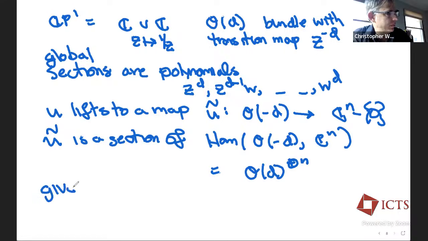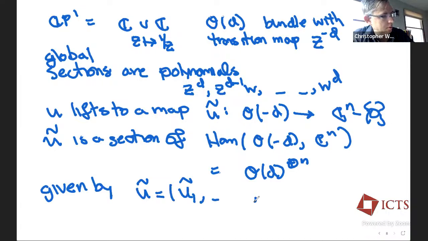And so it's given by an n-tuple of these sections, each of which is a homogeneous polynomial.